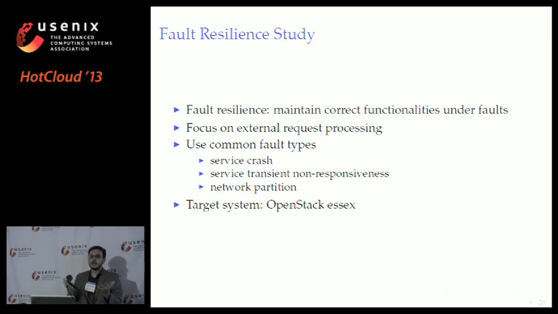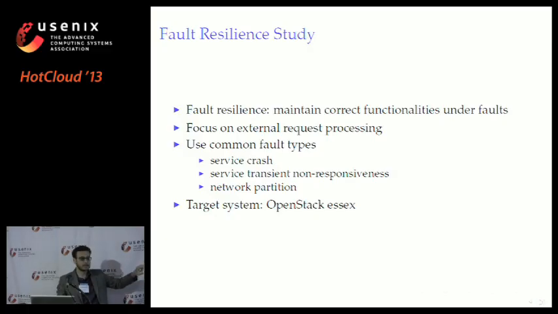And we just think of very simple faults: service crashes, some transient non-responsiveness, and network partitioning. We didn't get as advanced as, let's say, the limping hardware case, because this was enough to show that there were issues.